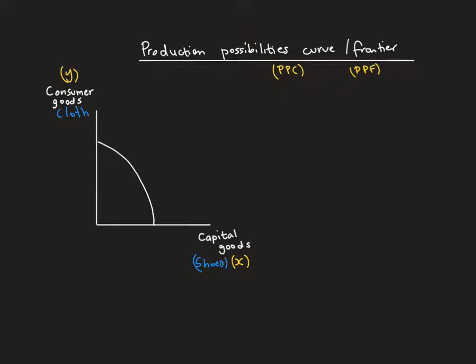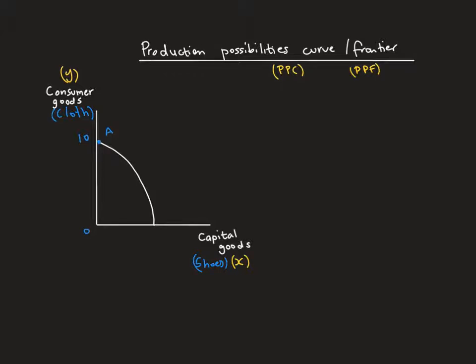So cloth and shoes. Now, let's say that with your current resources, we use all of those resources to produce one of the goods. So let's say we use all our resources to produce cloth and no shoes. That means we will rely on this point here, point A, which represents that we're using all our resources to just produce cloth. Let's say we produce 10 units.